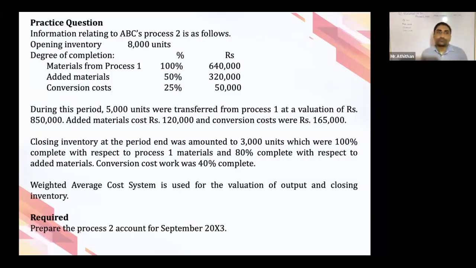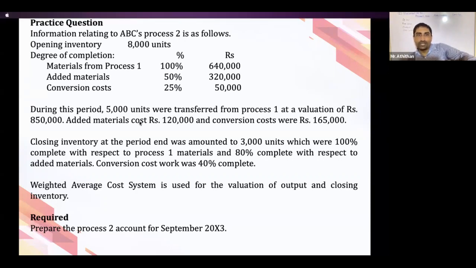Opening inventory 8,000 units. During the period, second paragraph, during the period 5,000 units transferred. Closing 3,000. So 8,000, 5,000 added and 3,000.